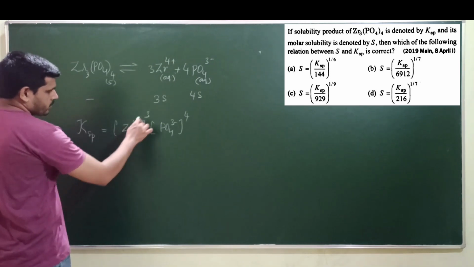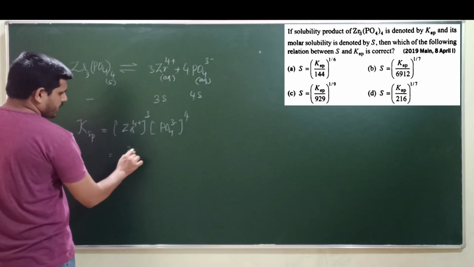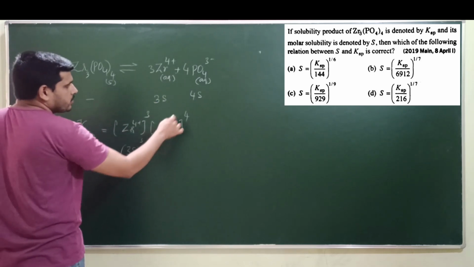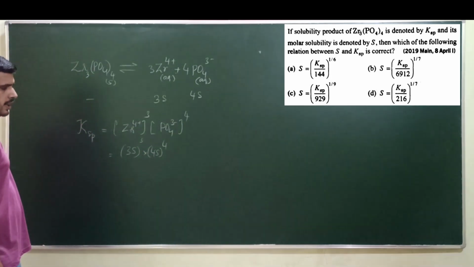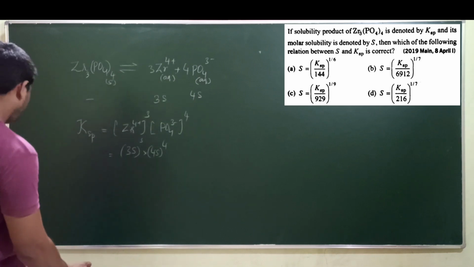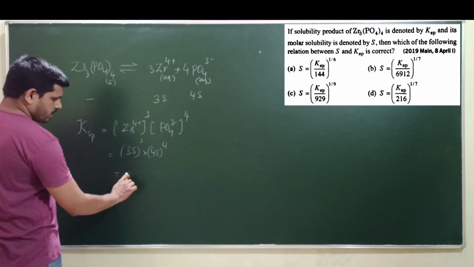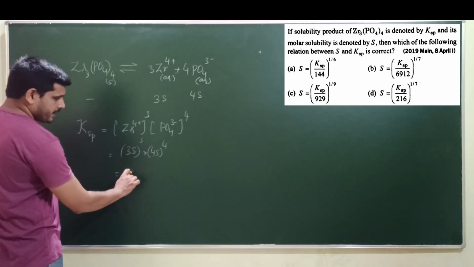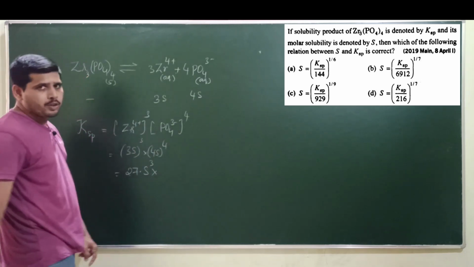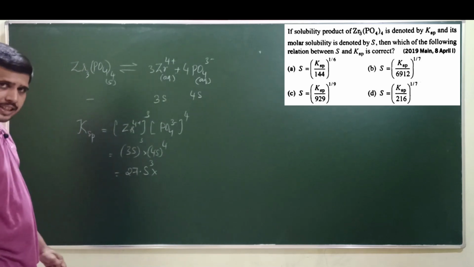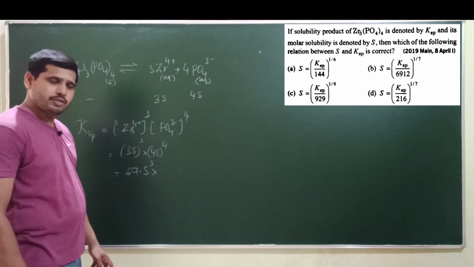Now this is equal to, okay, zirconium, it's not zinc, zirconium, it is 3S to the power 3 into 4S to the power 4. Am I right? Yes. So now what you can write here is 3 to the power 3, which is 27, into S to the power 3, into here 4 to the power 4. 4 into 4 is 16, 16 into 4 is 64, 64 into 4 is 256.